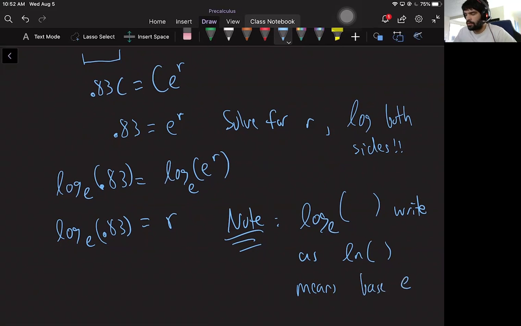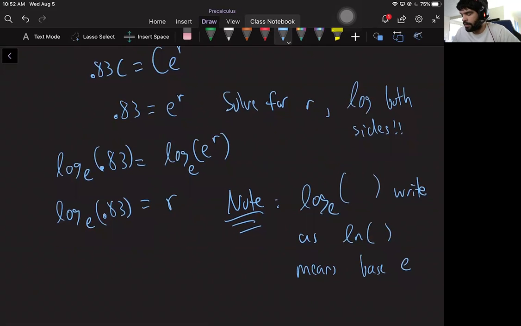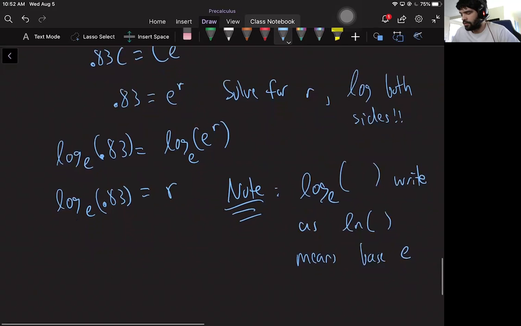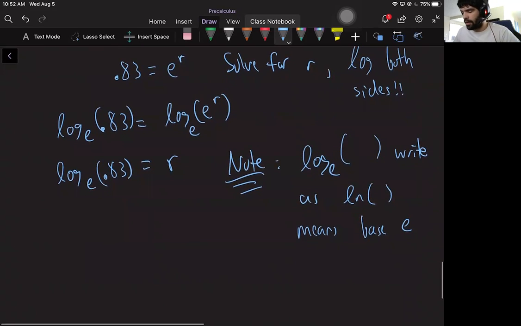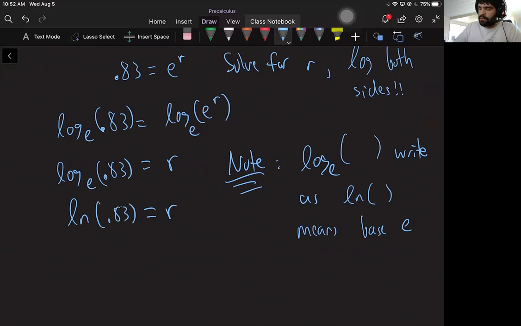Because e is such a special number, it's called the natural log, because e is like the most natural number to use for exponentials, I guess. So the log that has the base e is called the natural log. You'll see this button on calculators, ln. So ln of 0.83, that's what r is.